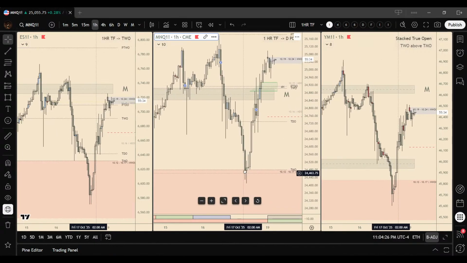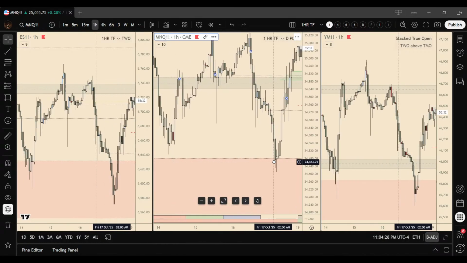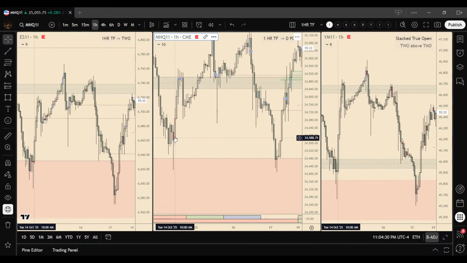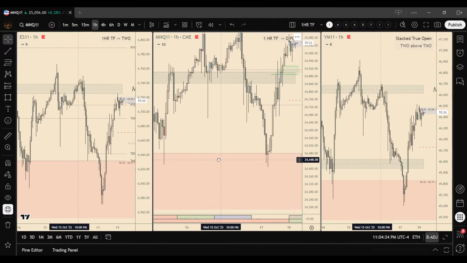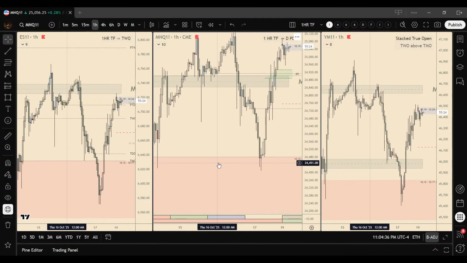Okay. What do we have? It doesn't seem to be SMT, right? So what caused the reversal then?